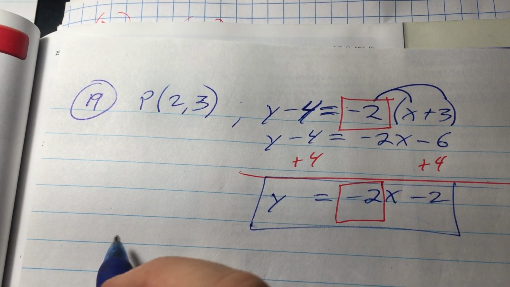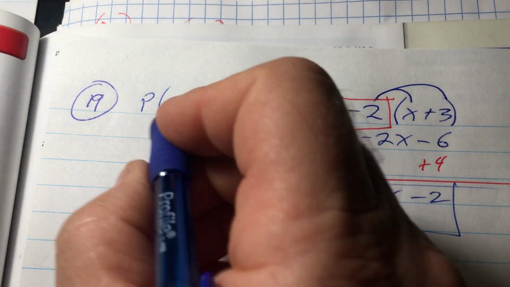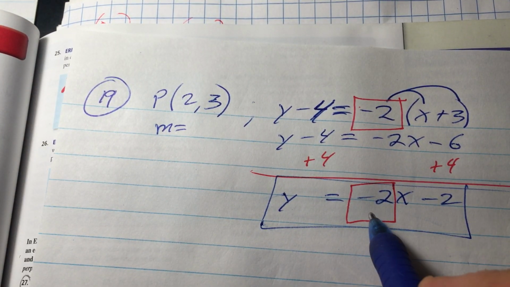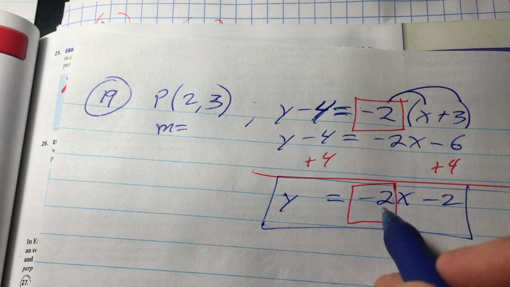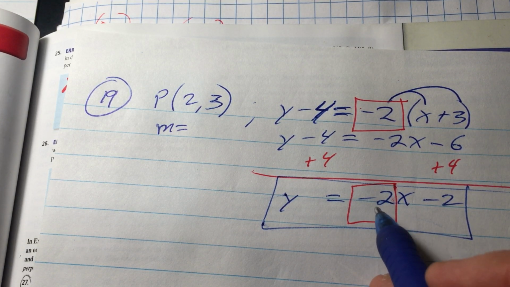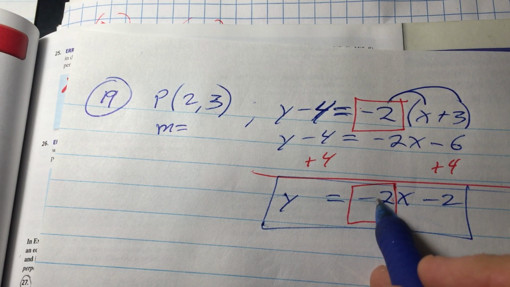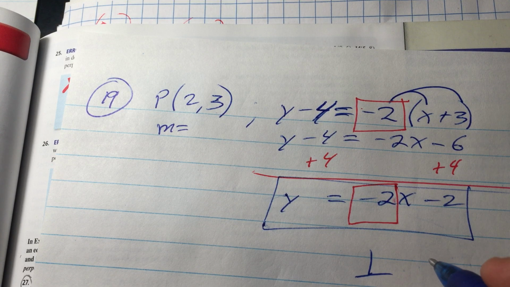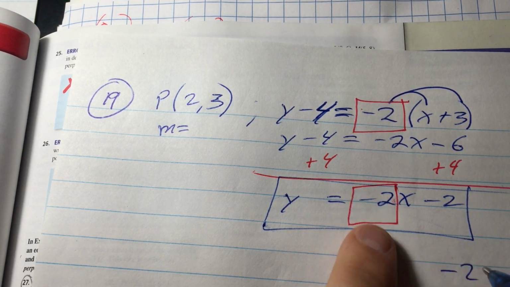So we know it has to go through this point, and we know the slope is going to be, sorry, hold on. It doesn't say parallel, it says perpendicular. This is a slope, but we want perpendicular. If it's parallel, they're going to have the same slope. If it's perpendicular, the slopes are negative reciprocals. So what's the negative reciprocal of this?